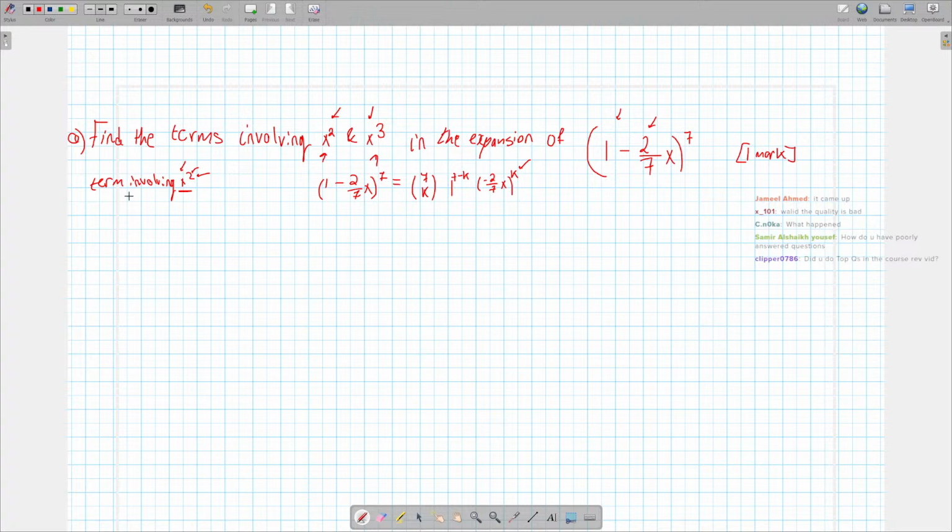So the term involving x squared is when k equals 2. Let's substitute 7C2, 1 to the power of 7 minus 2, minus 2 over 7 x to the power of 2.